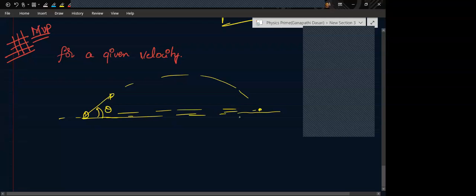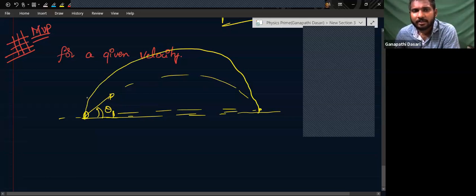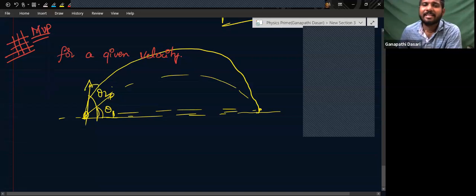Yes, sir. Then the same man is throwing the ball at a different angle. Suppose this is theta 1 and a different angle theta 2. Again, it is having the same range.